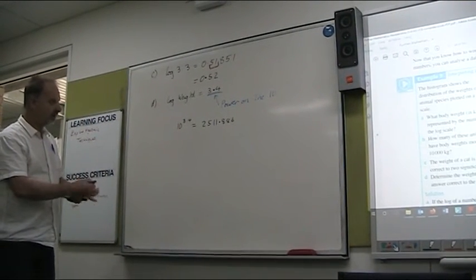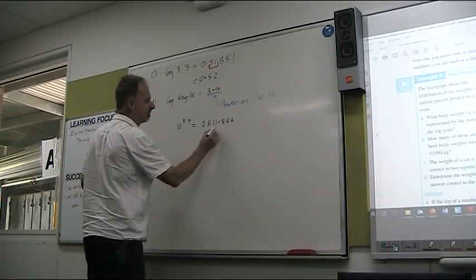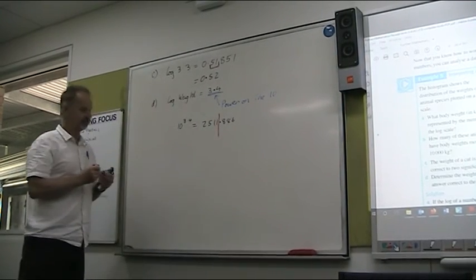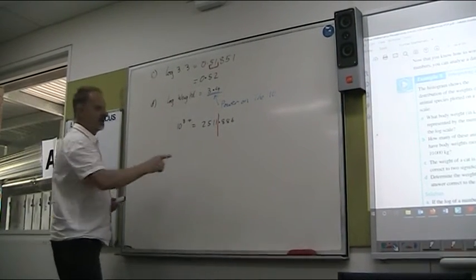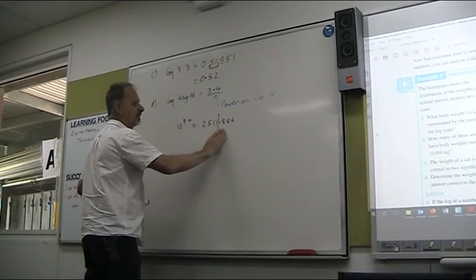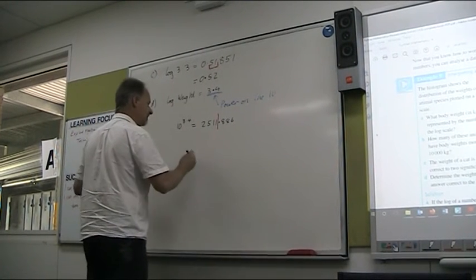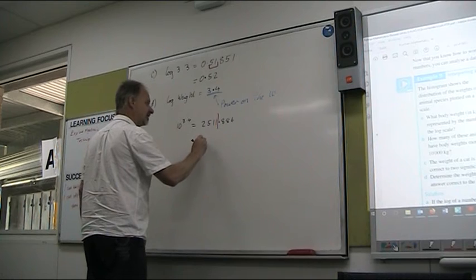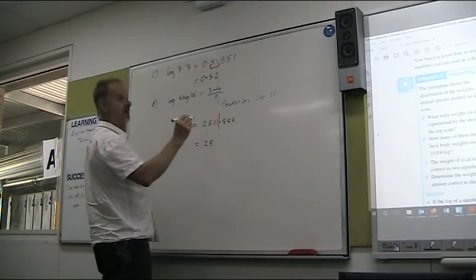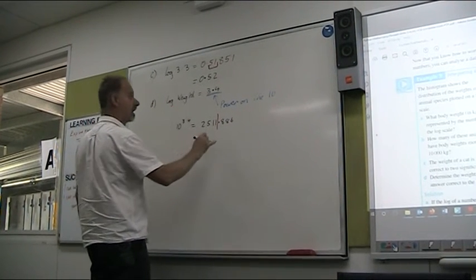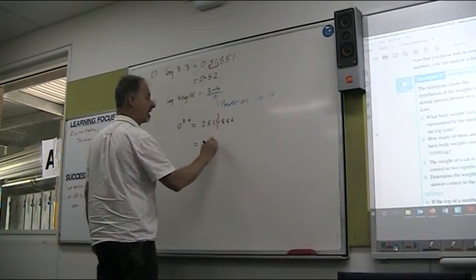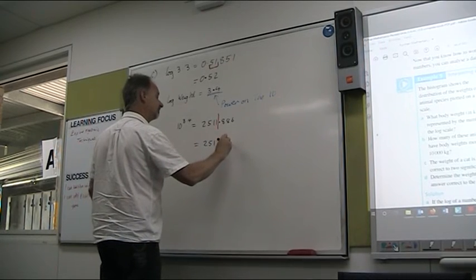So the whole numbers finish here. After the 1, the first decimal place is an 8, which means we write that answer to the nearest whole number as 2,512.